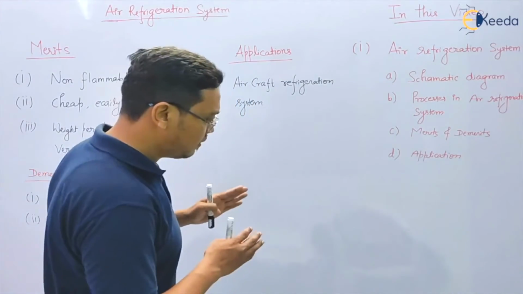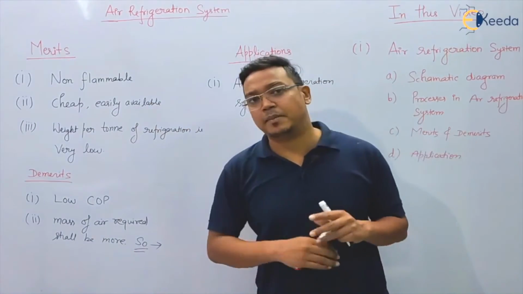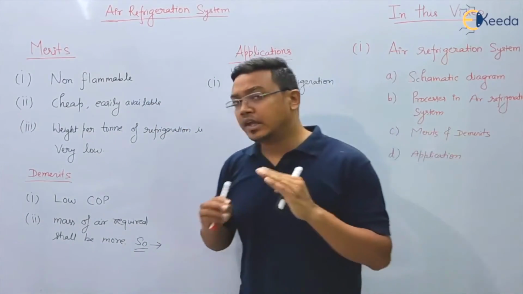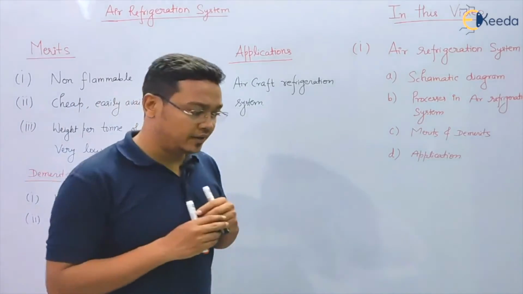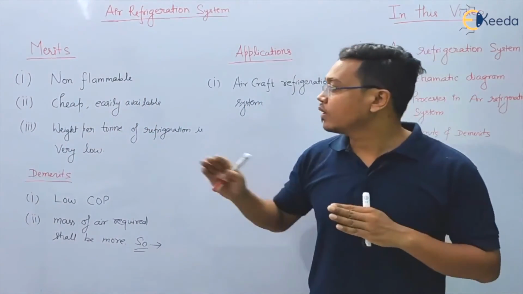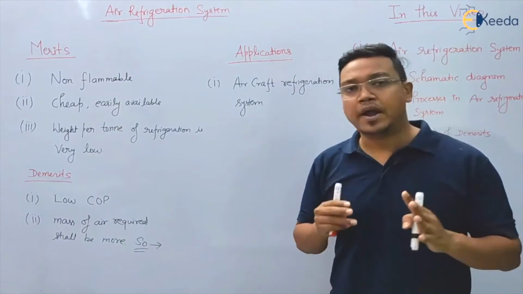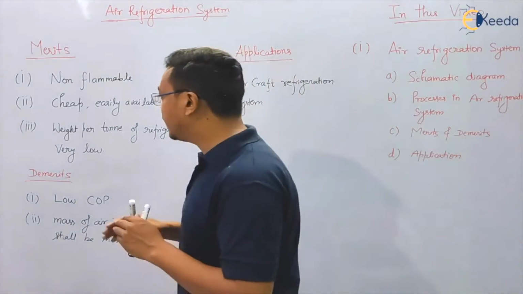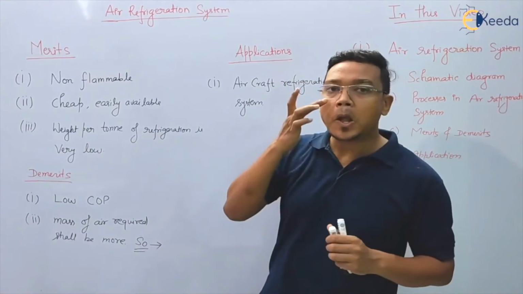First merit, you know very well that air is non-flammable. Air is a non-flammable substance. That is the first merit. Second merit, it is cheap and easily available. Third, weight per ton of refrigeration is very low.